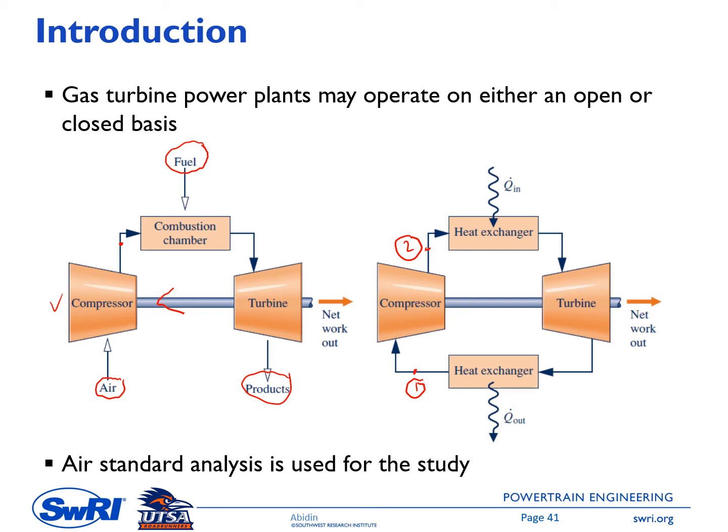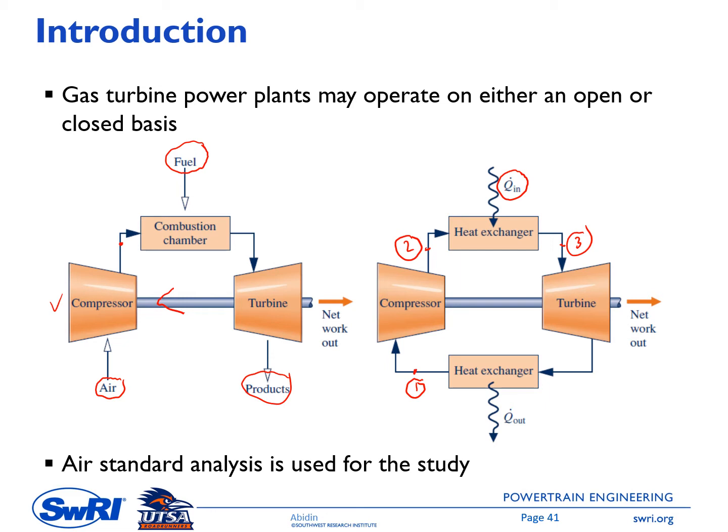What is introduced into this heat exchanger is a Q-in, not fuel. So there will be heat transfer from an external source to the heat exchanger to increase the pressure and temperature of the working fluid. And then let's say here is operating point number 3.